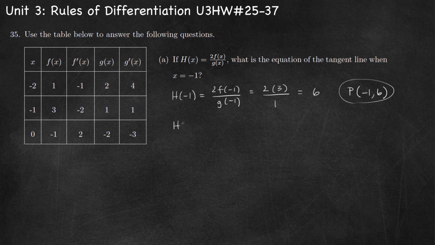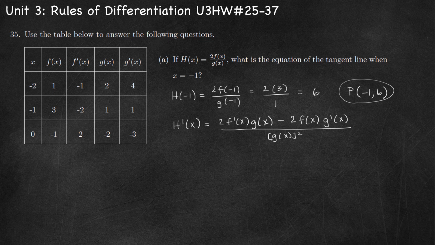Next, we need to find h prime of negative 1. So first we find h prime of x, and to do that, we're going to take the derivative of h using the quotient rule. So derivative of the top will be 2f prime of x times the bottom, g of x, minus the top, 2f of x, times the derivative of the bottom, g prime of x, all over bottom squared, so g of x squared.